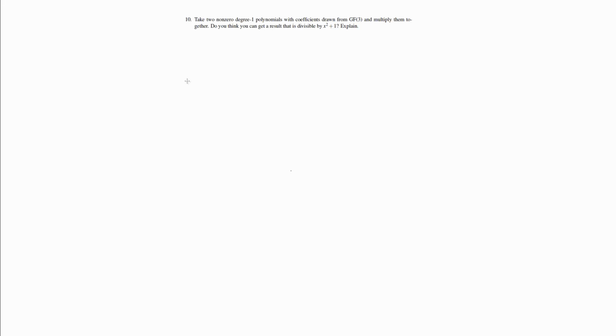Suppose we have two degree 1 polynomials whose product is divisible by x squared plus 1. Let the first degree 1 polynomial be ax plus b, and the second one be cx plus d. And if their product is divisible by x squared plus 1, then it must equal k times x squared plus 1.